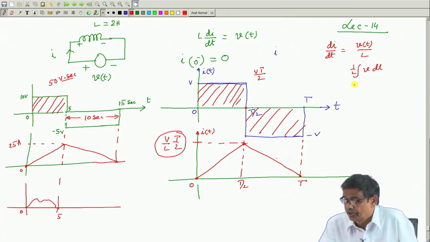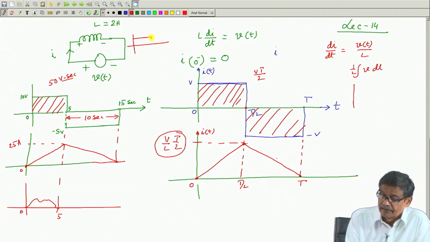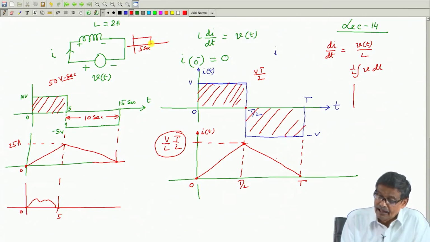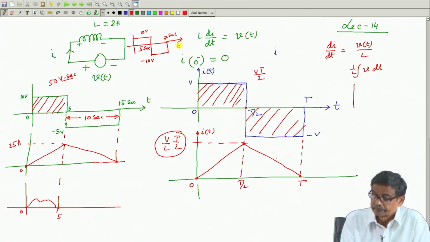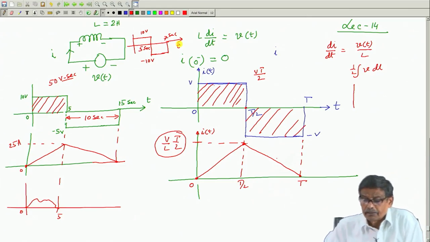Later I will discuss. Suppose for the same problem you have applied 10 volt for 5 seconds here, and in the negative half it is once again minus 10 volt, but only for 2 seconds. This is t equal to 7 seconds. Physically, how much positive volt second have you applied? 50.